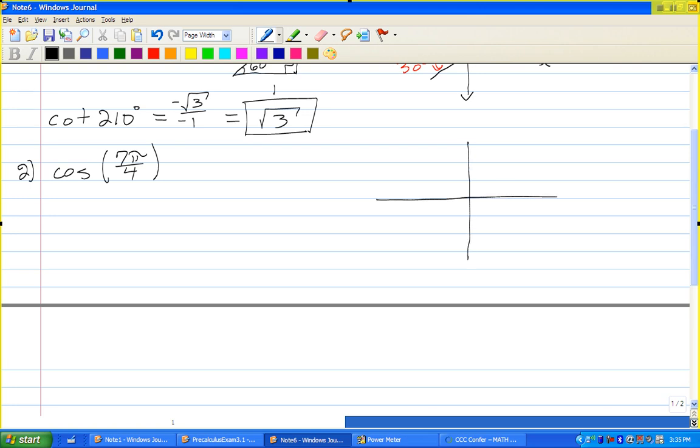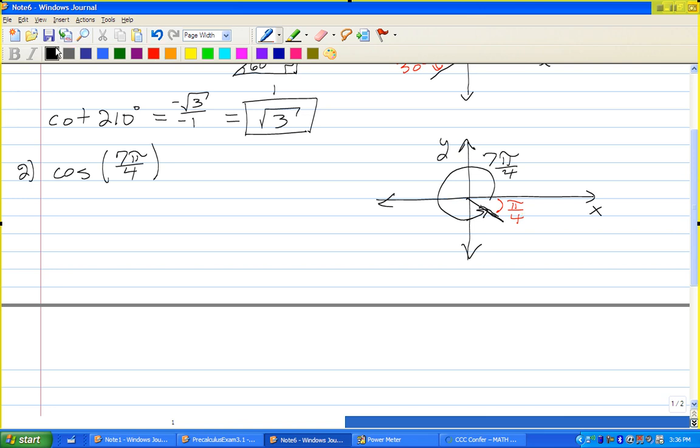So the angle 7 pi over 4, 1, 2, 3, 4, 5, 6, 7 pi over 4, oops, is here in the fourth quadrant. The reference angle is pi over 4.